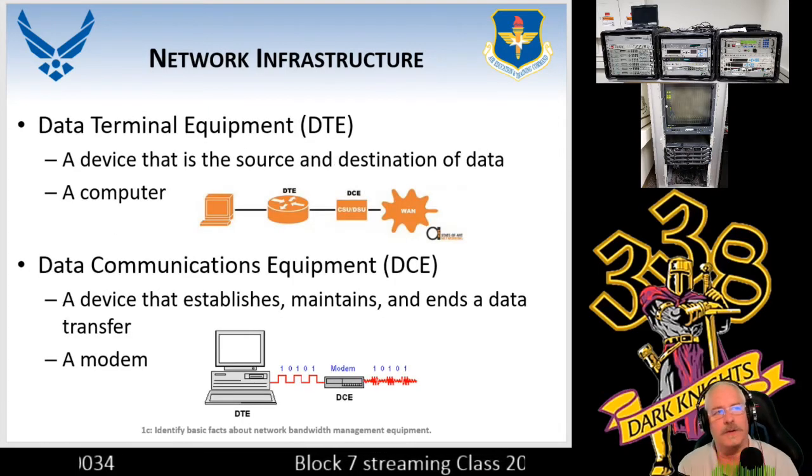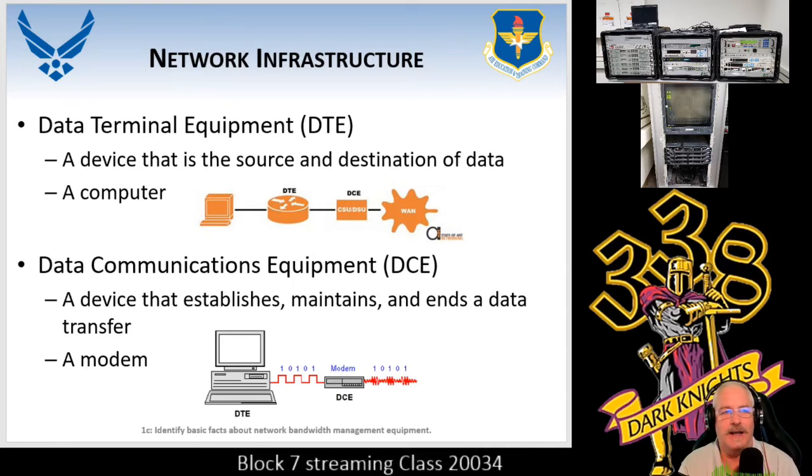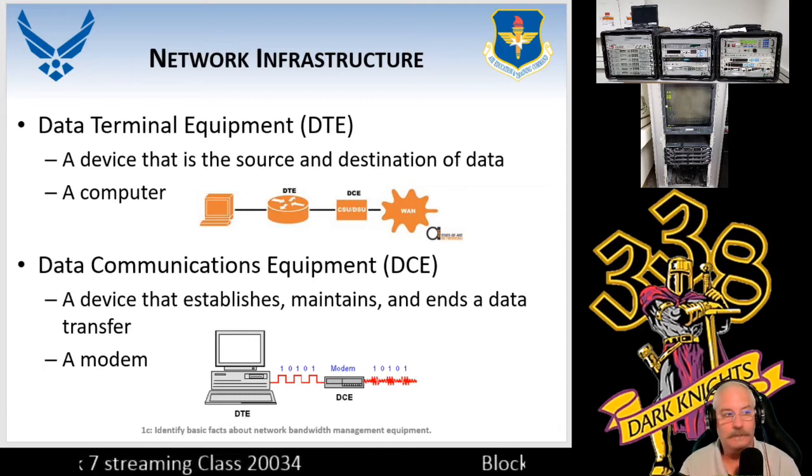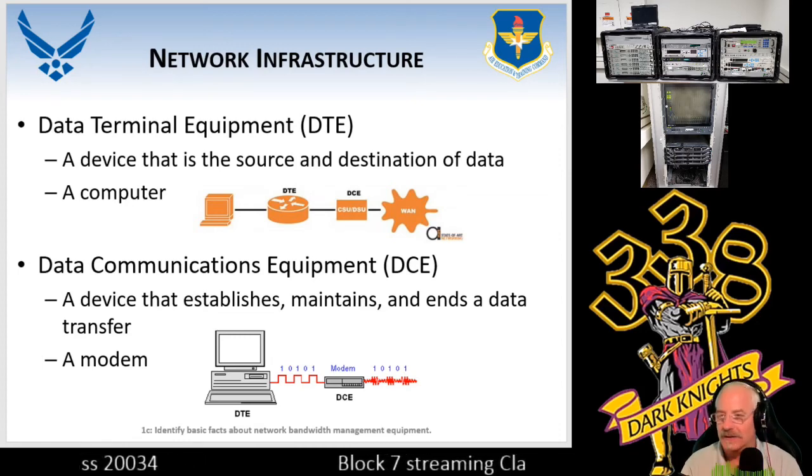Next one, we have something called data terminal equipment and data communications equipment. So in your study guide workbook, it does go into it. However, if you look at the slide, it makes it so much simpler. It has a picture and a device. So if you got a device, and this is DTE, it's data terminal equipment. It is the source or the destination.